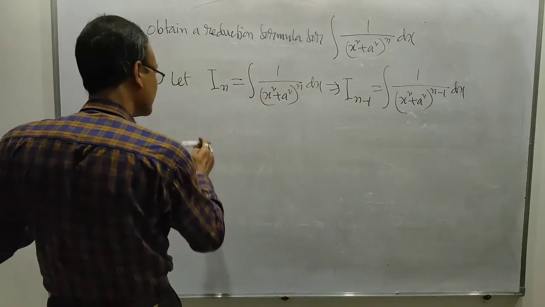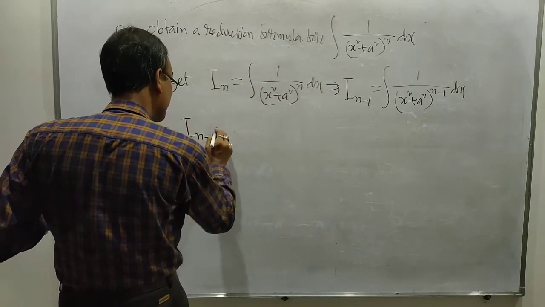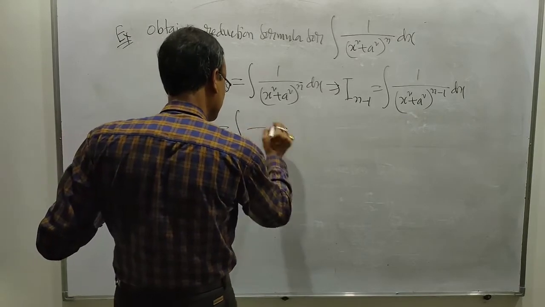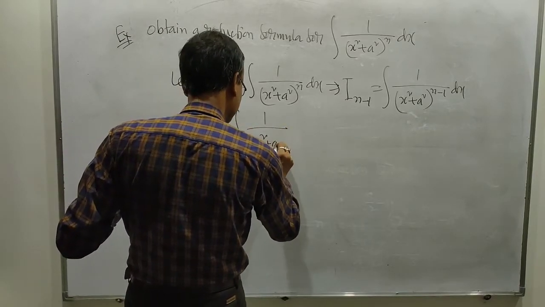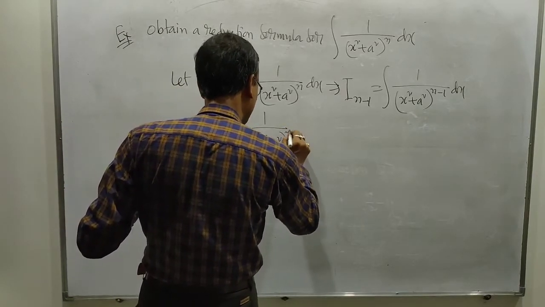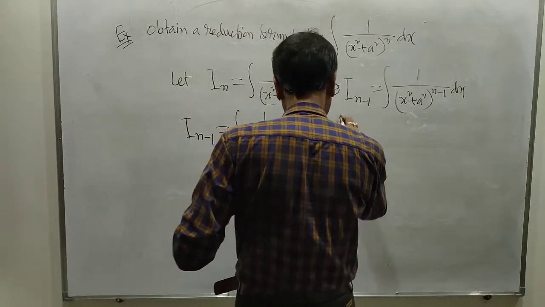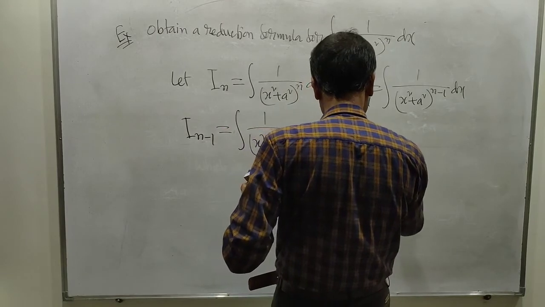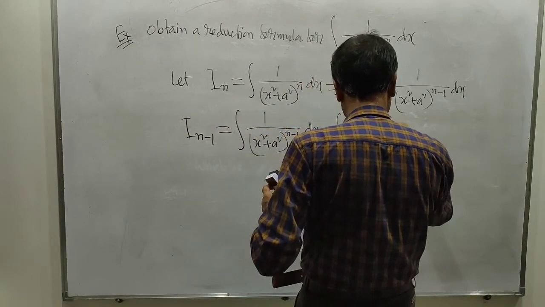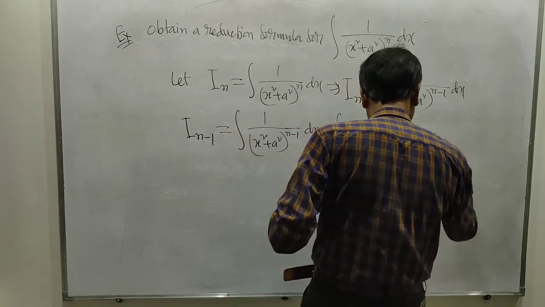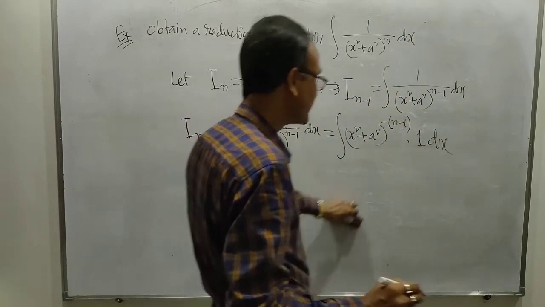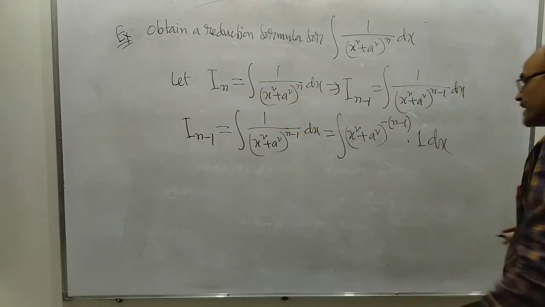Now, very interesting. See, I_(n-1) equals the integration of 1 by (x² + a²)^(n-1) dx. This is equal to, you may write, (x² + a²)^(-(n-1)) into 1 dx.